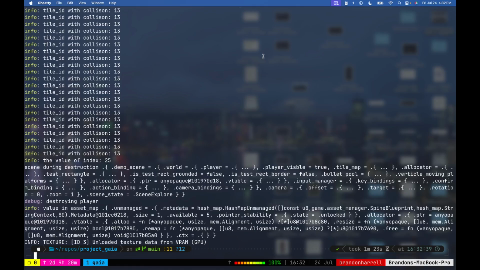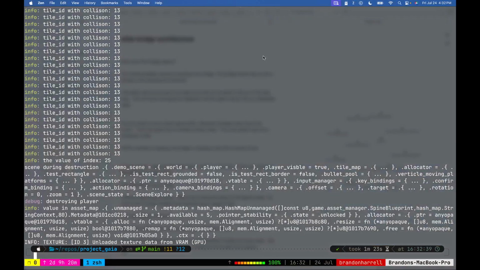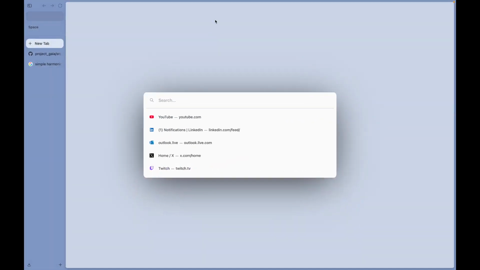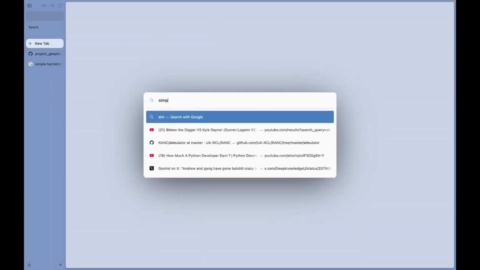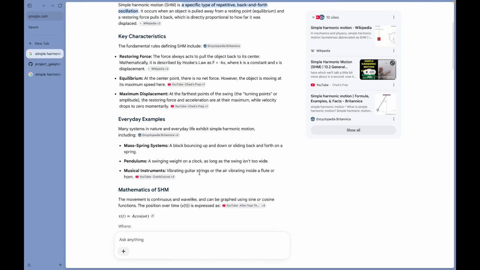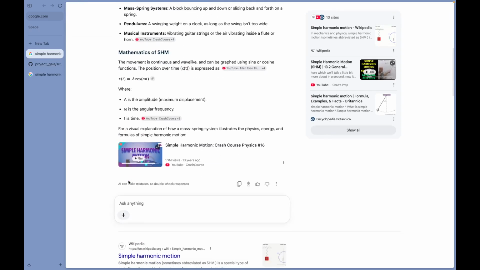So this is a concept known as simple harmonic motion. This was a new concept I had to learn. I kind of asked for the mathematics here.